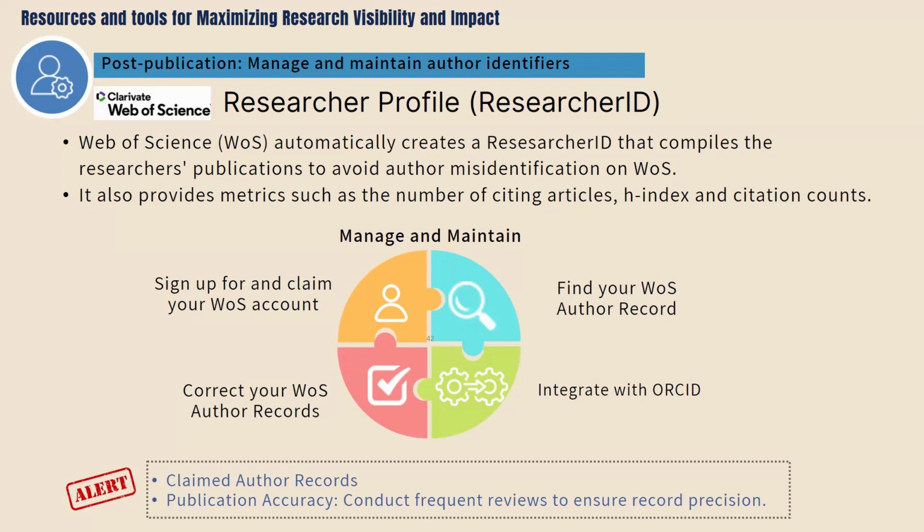First, sign up and claim your Web of Science account. Locate your Web of Science author record, and then correct any inaccuracies in your Web of Science author records. Integrate your profile with ORCID. Keeping the ResearcherID up to date is crucial to ensure the accuracy of your publications. It is important to conduct regular reviews for the precision of your record.